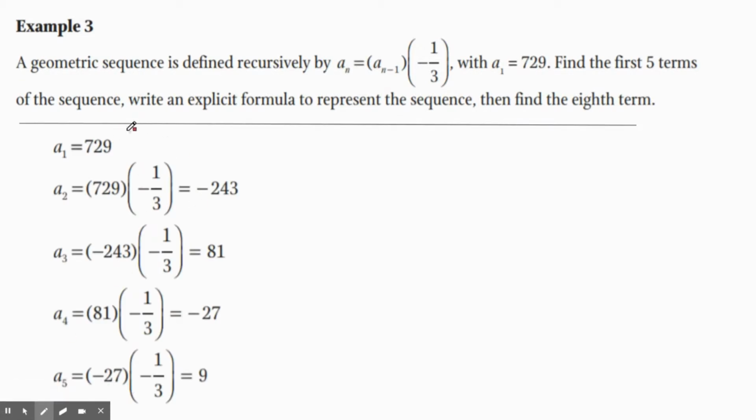Because this is a geometric sequence, remember, we multiply by the common ratio. So if the common ratio is negative 1/3, we're going to be multiplying. And so my second term is going to be 729 times negative 1/3, which is negative 243. And you just keep multiplying by negative 1/3. So there are your first 5 terms.